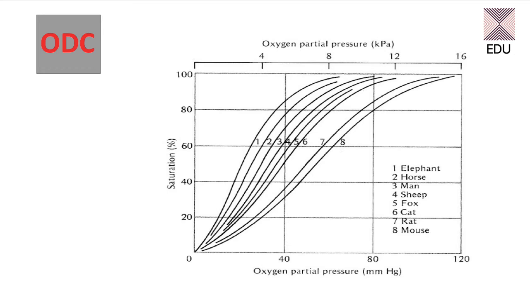You can very well see that the first curve is for an elephant, the second curve is of the horse, third is for the man, fourth is for the sheep, fifth is for the fox, sixth is for the cat, seventh is for the rat, and eighth is for the mouse.